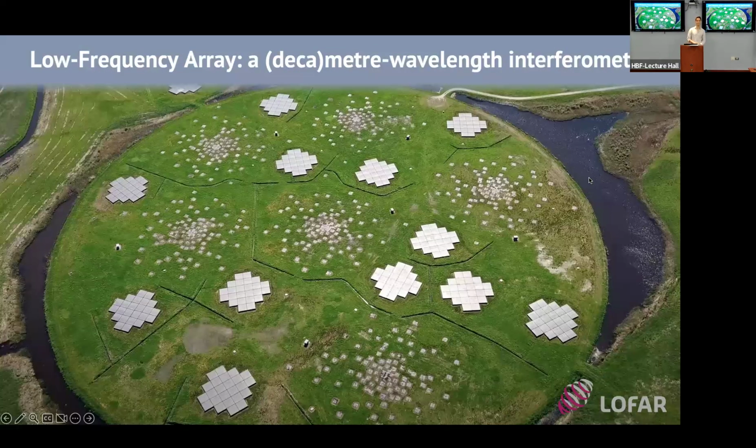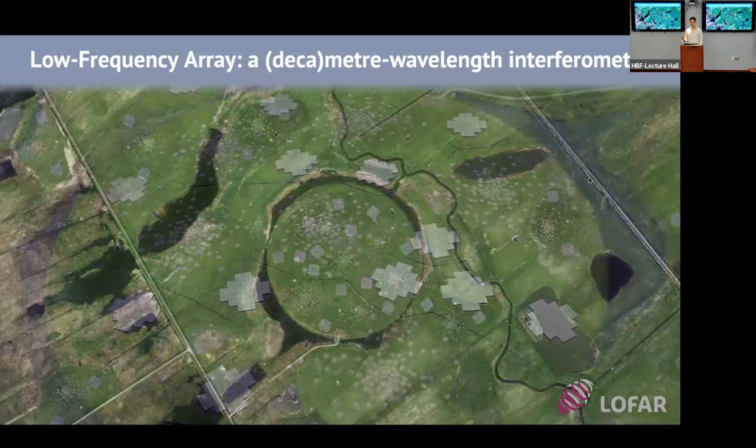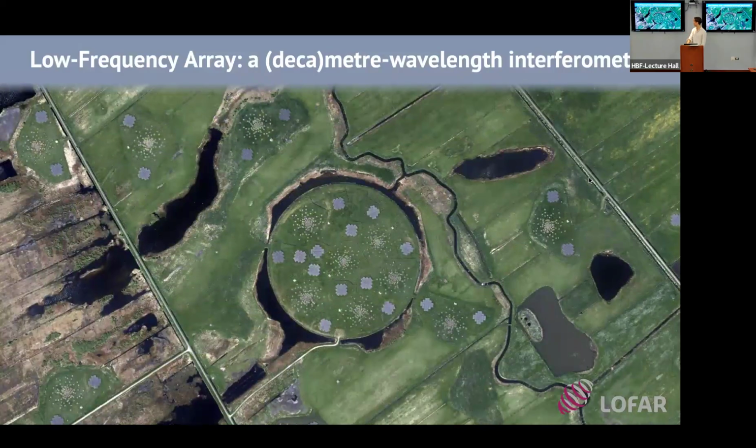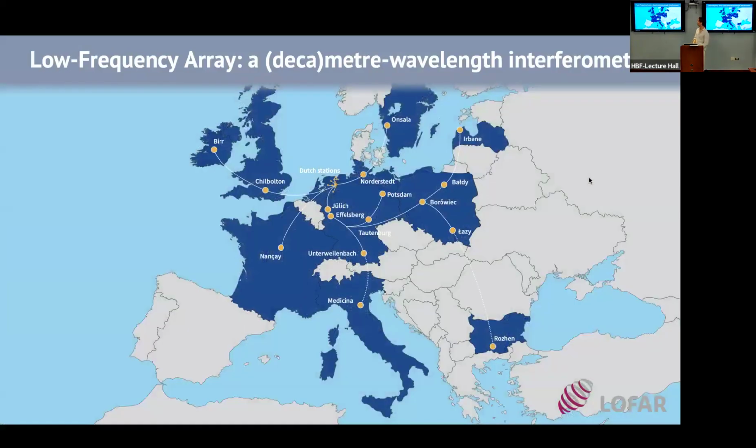To study this, Nick and I have been working with LOFAR, the Low Frequency Array. What you see here is the core of LOFAR in the north of the Netherlands, in Drenthe, in this satellite image. It's in a marsh, a very wet environment. If you zoom out even further, here you see the international configuration of the interferometer.